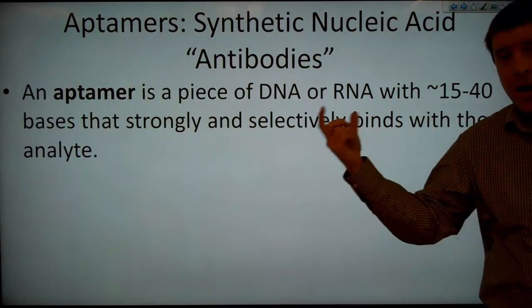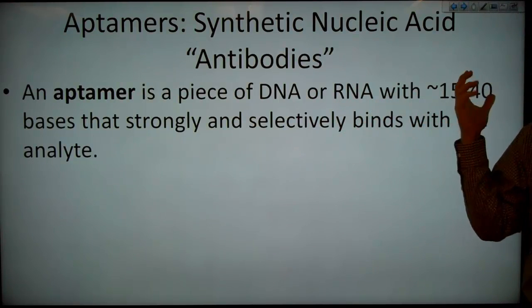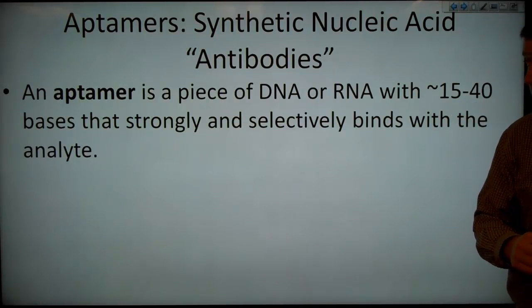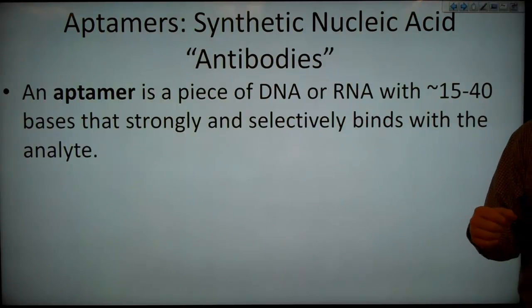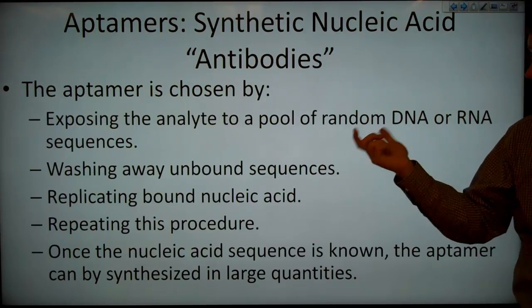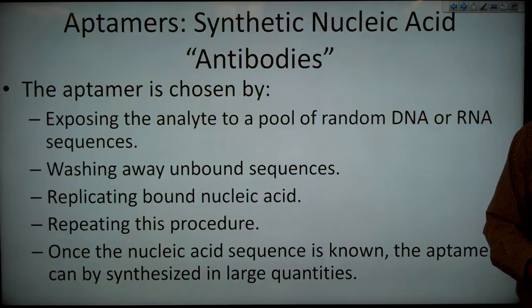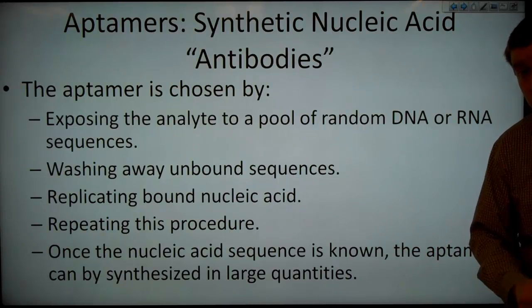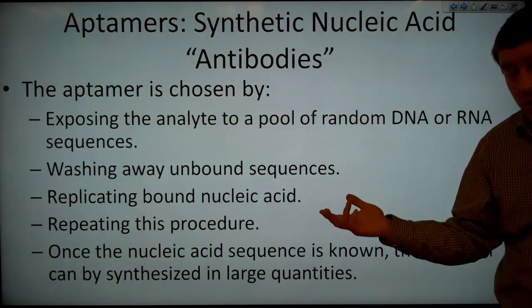Now let's turn to aptamers. An aptamer is a piece of DNA or RNA with somewhere around 15 to 40 bases that strongly and selectively binds with the analyte. The aptamer is chosen by exposing the analyte to a pool of random DNA or RNA sequences, then washing away any unbound sequences, replicating the bound nucleic acid sequences, and repeating this procedure over and over again.